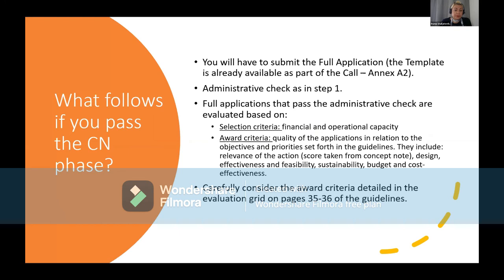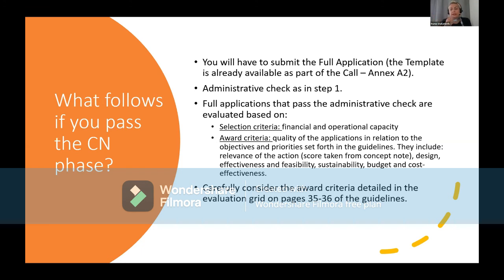What follows, if you pass the concept note phase, in more detail: you will be invited to submit the full application. The template, which is available in the documentation of the call, is Annex A2. As I already mentioned, after you submit the full application, first there is an administrative check similar to the one in step 1.